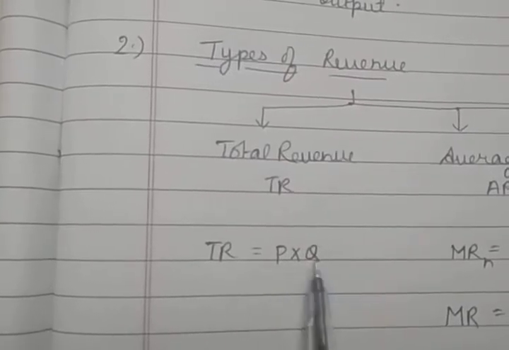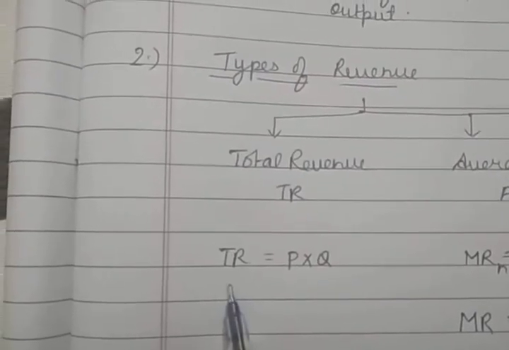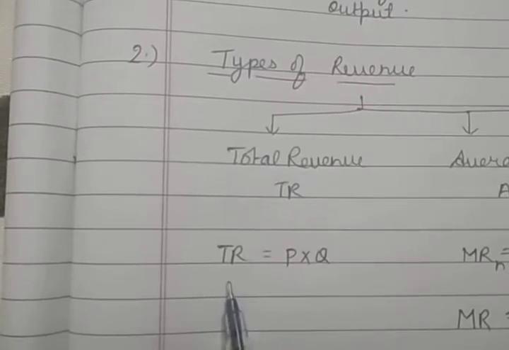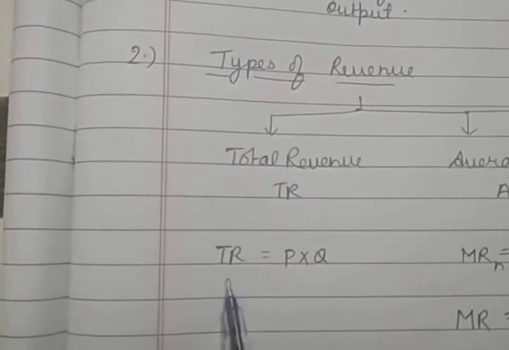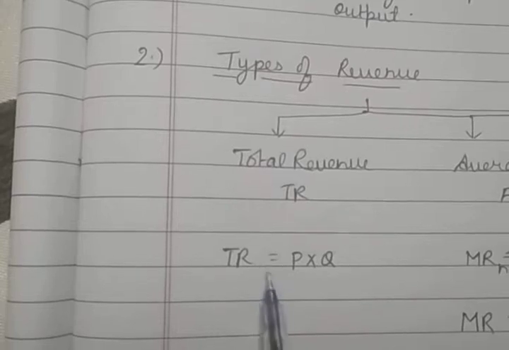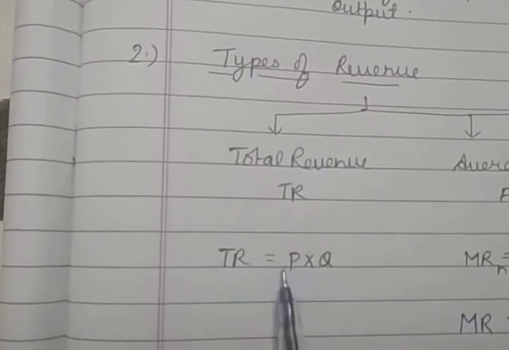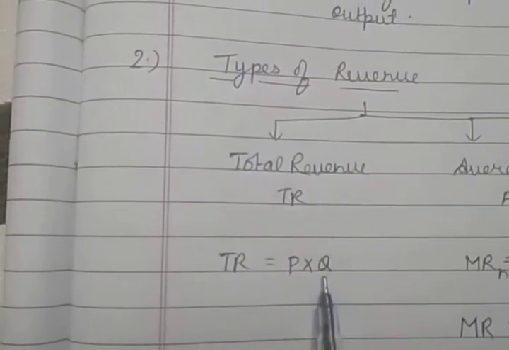Price into quantity is equal to total revenue. So you can calculate TR by multiplying price into quantity.